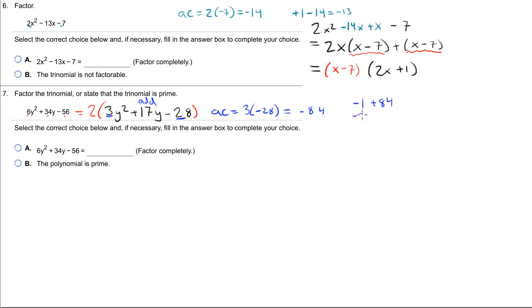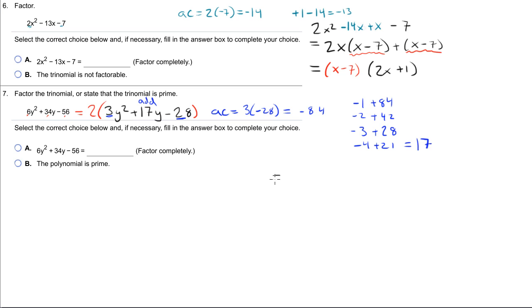No. Negative 2 plus 42. No. Does 3 go in there? It does. So like a negative 3 plus 28. No. We could have negative 4 plus 21, which is a positive 17. I think that's what we're looking for.